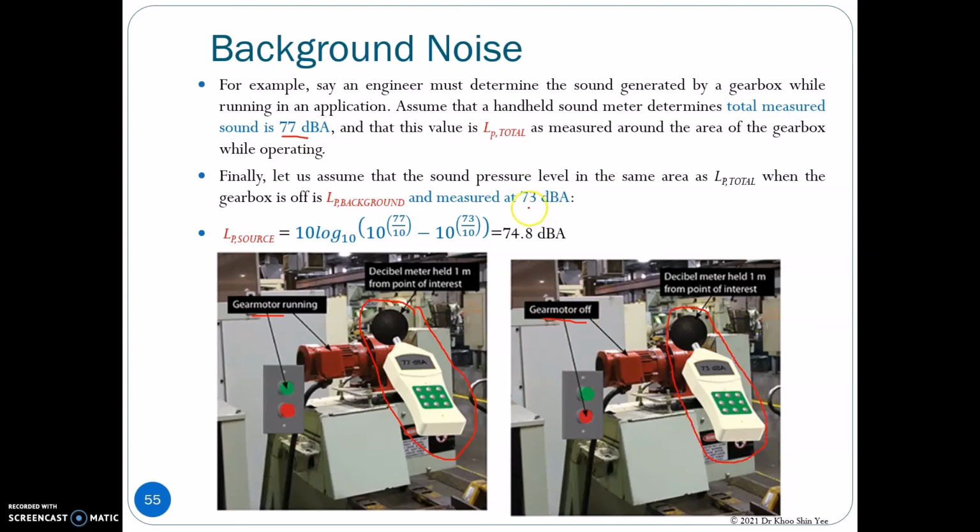You get 73 dBA, and this is the background noise. Then we can substitute the total noise and the background noise into this formula. After you calculate, you obtain 74.8 dBA. So this is the sound pressure level produced by the gear motor alone, without the effect of background noise.